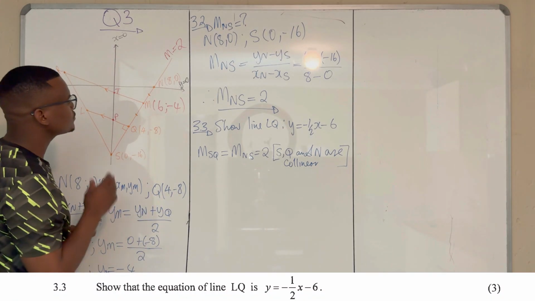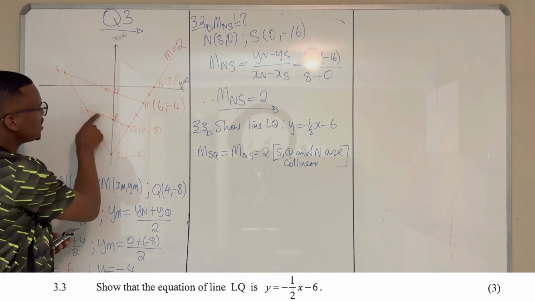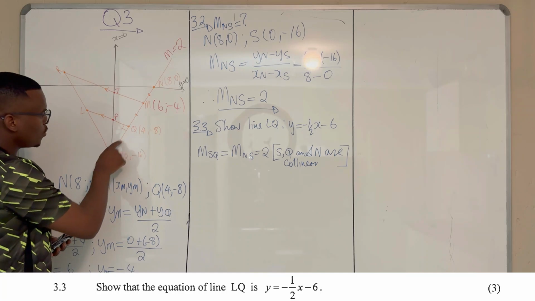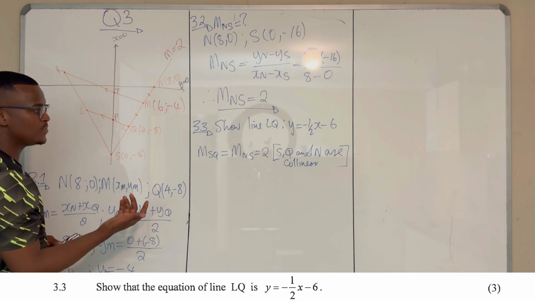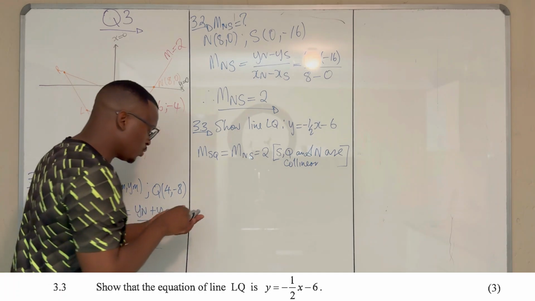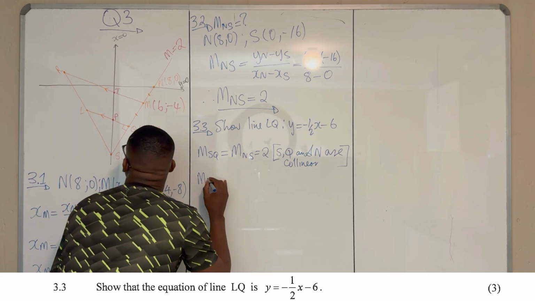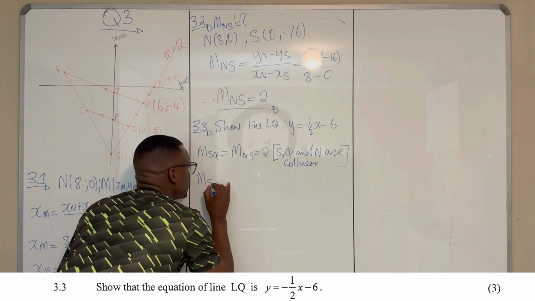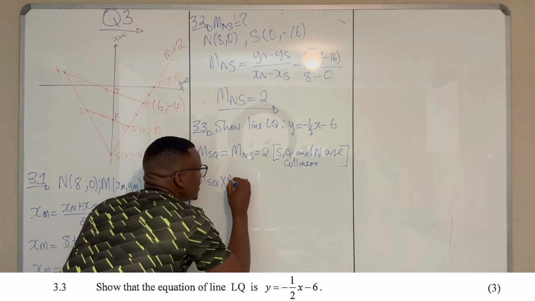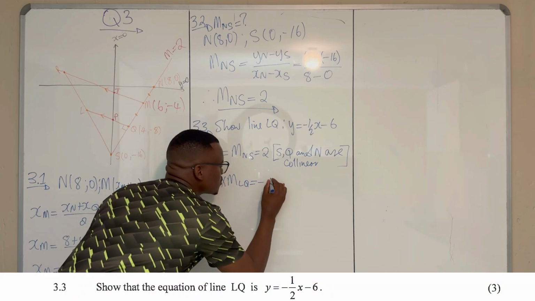No problem. Now, we're told that LQ is perpendicular to QS. That's what we're told in the statement, right? So if 2 gradients are perpendicular, this is what we know from analytical geometry: the gradient of SQ times the gradient of LQ is equal to minus 1.